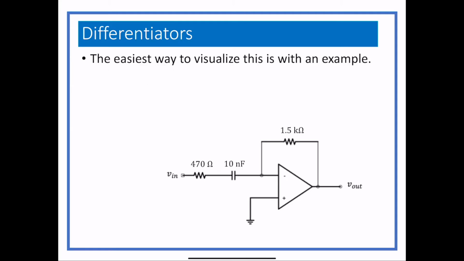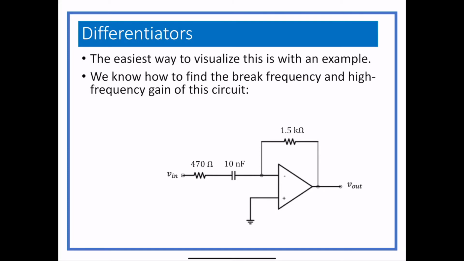So again, we're going to do an example. We've got a differentiator with actual numbers, and we already know how to find the break frequency and the high frequency gain of this circuit because we did that when we did active filters. So the break frequency is just 1 over 2 pi R1C, and we figured that out.